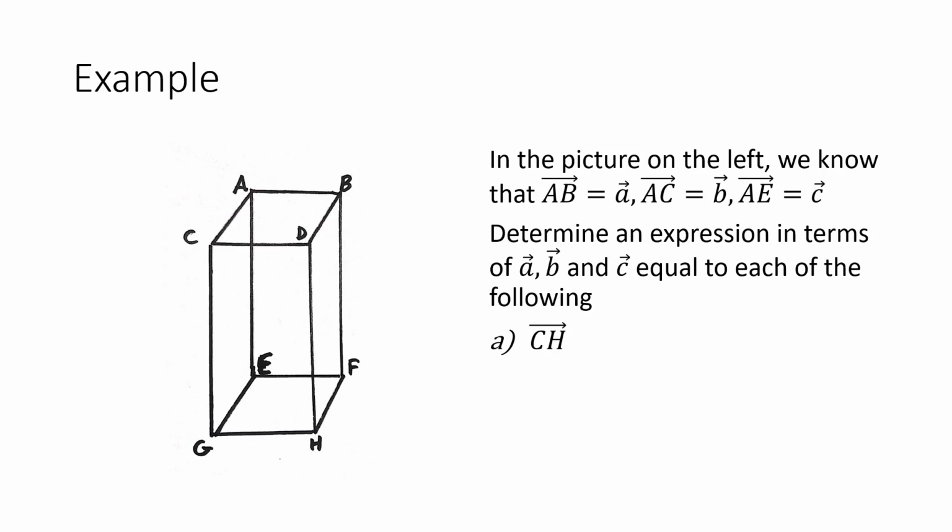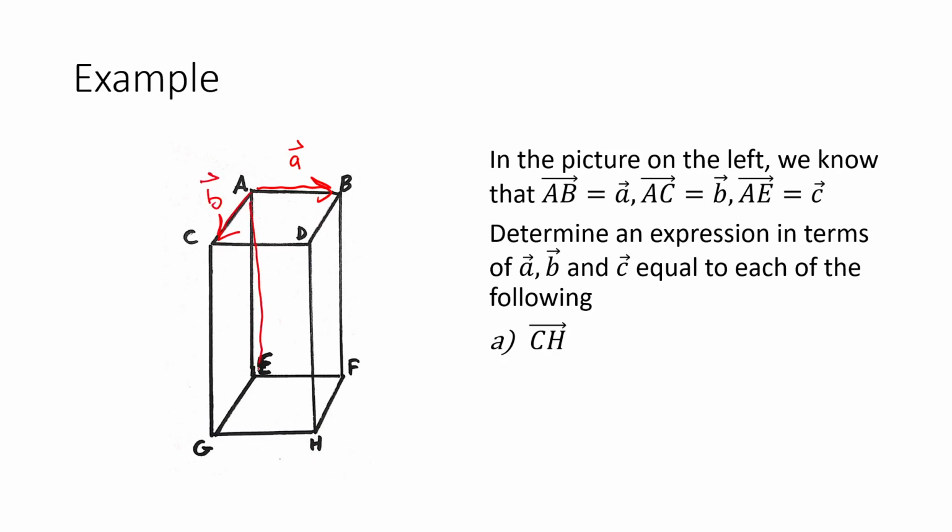Now, in this particular picture, we're going to try to come up with descriptions of different sides using vectors given to us in the question. So what we're going to do here is say, okay, the vector AB is going to be, for us, vector small a. The vector AC for us will be vector small b.